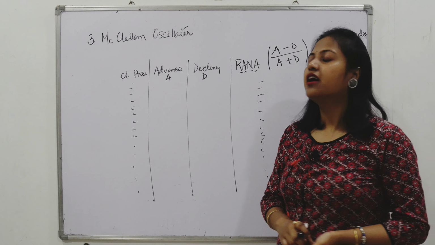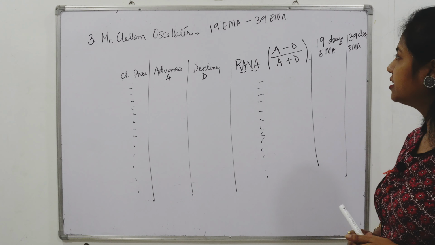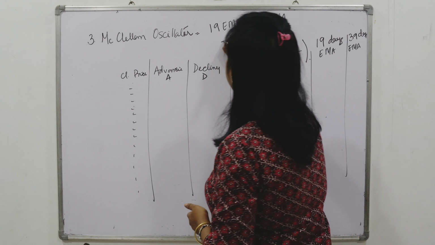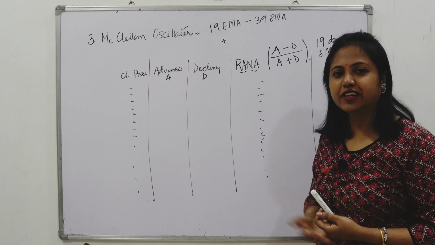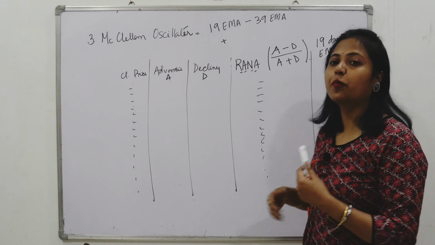Okay, now the McClellan Oscillator is equal to the 19 days exponential moving average minus the 39 days exponential moving average. Right? How do we interpret this? If you find that the value is positive, that means more stocks are advancing. The advancing stock is dominating.